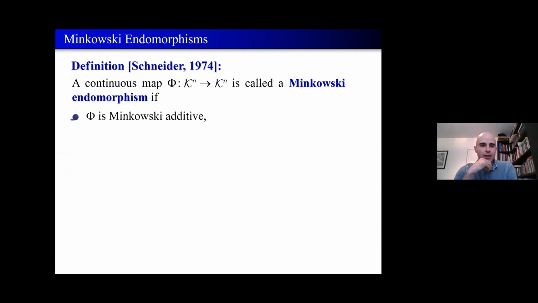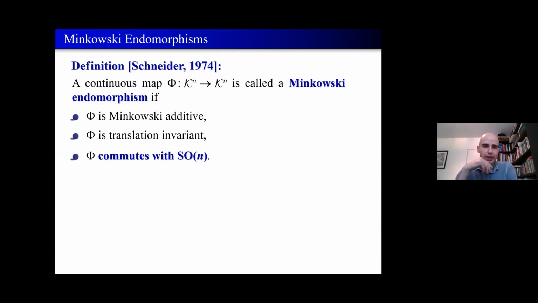So if the map is Minkowski additive, like we saw before, if it is translation invariant, and here's the difference to what we had on the previous slide: phi is not assumed to be compatible with general linear transformations, but only with rotations. So phi should commute with the group SO(n).